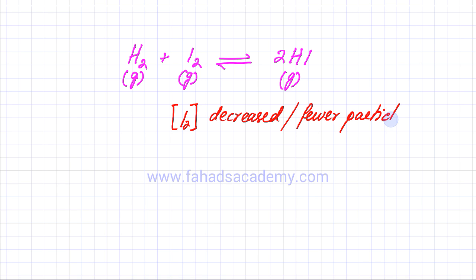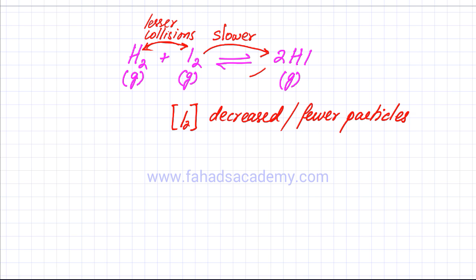And since we'll have fewer I2 particles, there would be fewer collisions. If we have fewer collisions, the forward reaction would be slower. And the backward reaction, we're not touching the concentration of HI, so there won't be any change in the speed of the backward reaction.